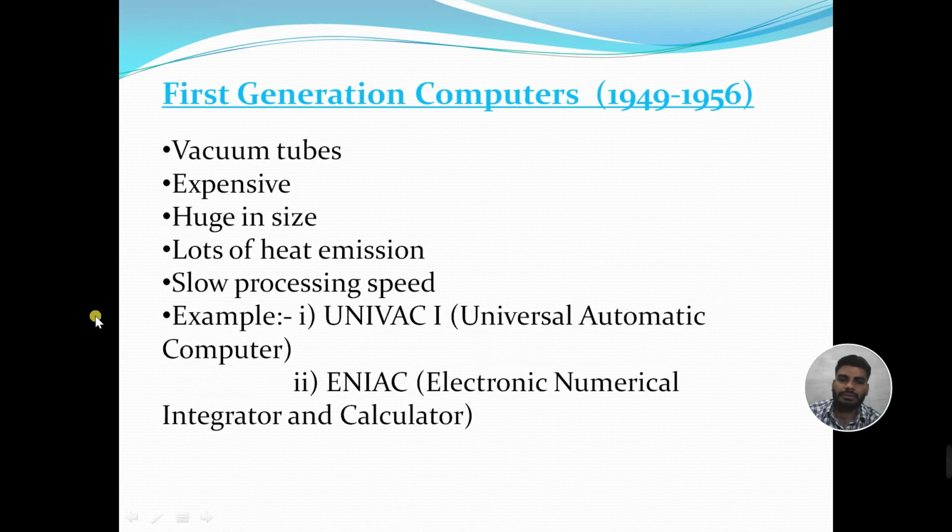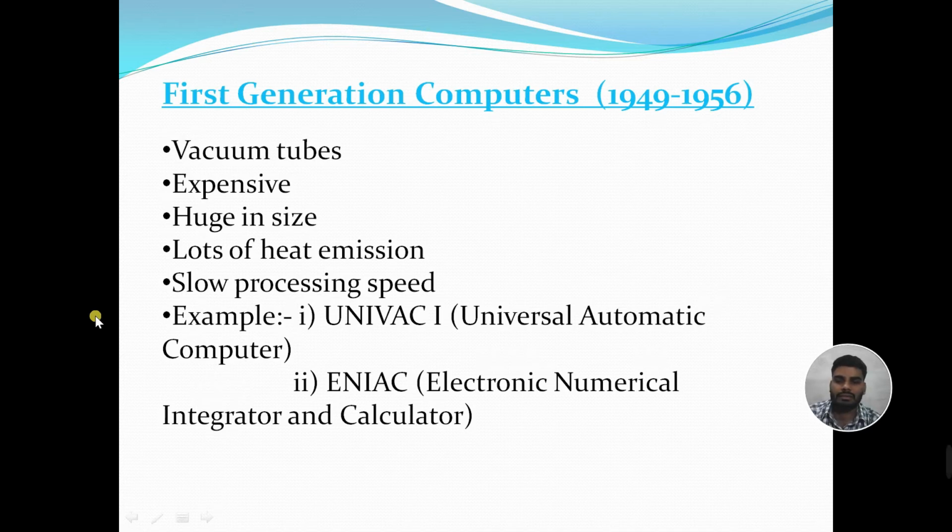They used machine language for programming. Some examples of first generation computers are UNIVAC 1, Universal Automatic Computer, and ENIAC, Electronic Numerical Integrator and Calculator. We have read about both of these devices in earlier videos.